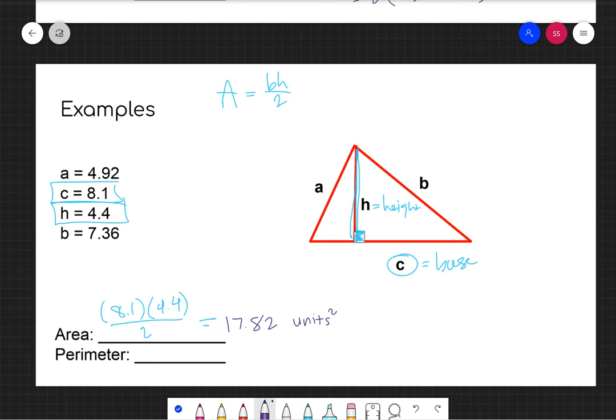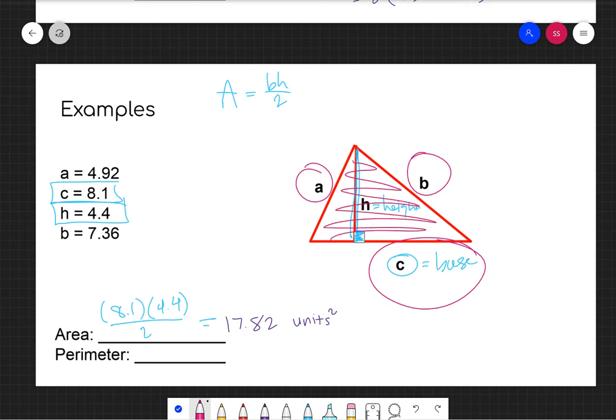Awesome. Now perimeter, again, is the same concept. We are finding the sum of the length of all the sides of our shape. And again, we don't include height because it's not on the outside of our shape. We're just looking at the length of the outline of our shape. So in this case, we are doing A plus B plus C. And we know that A is 4.92.